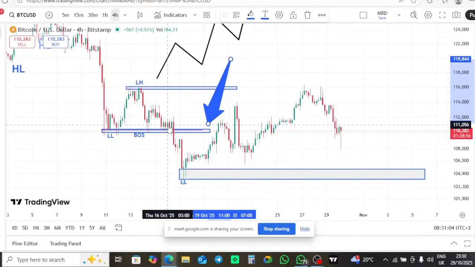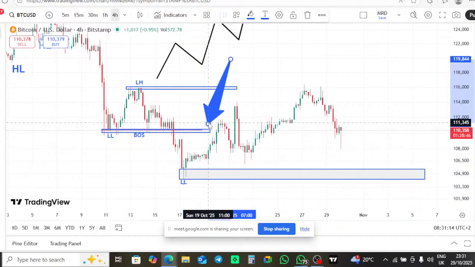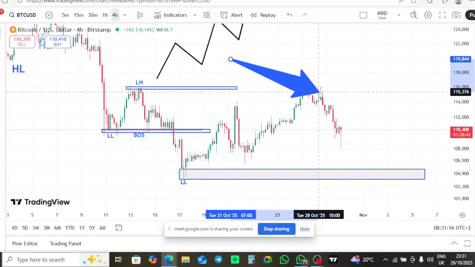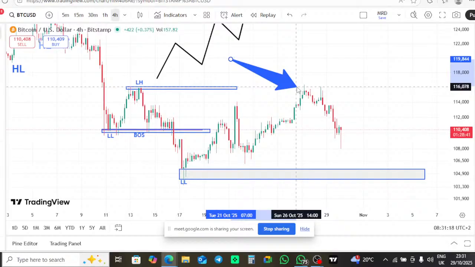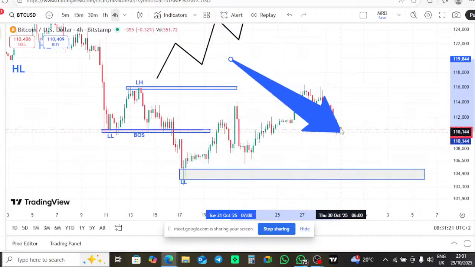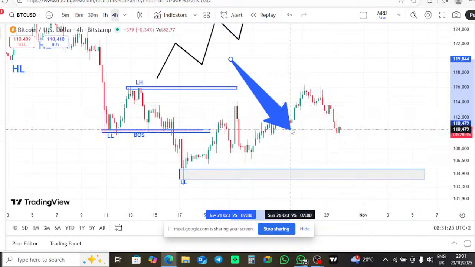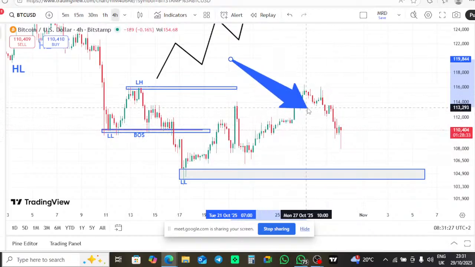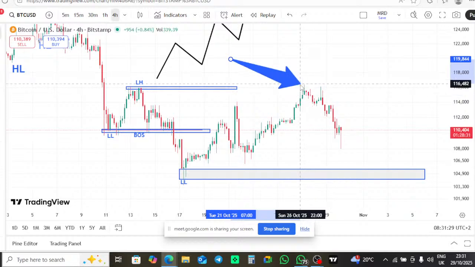We are training you this to trade on your own, so that you can wake up and trade without waiting for the signals. Now, currently, this is an uptrend. This is an uptrend, but now this is a downtrend because we can see the market has changed. It failed to break this level.